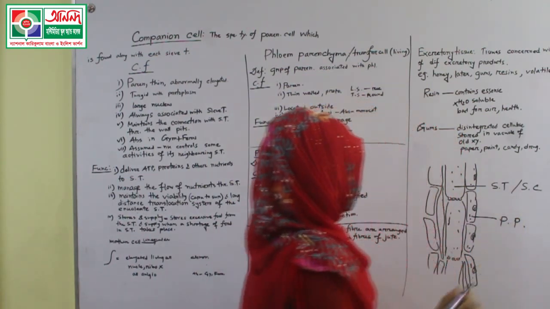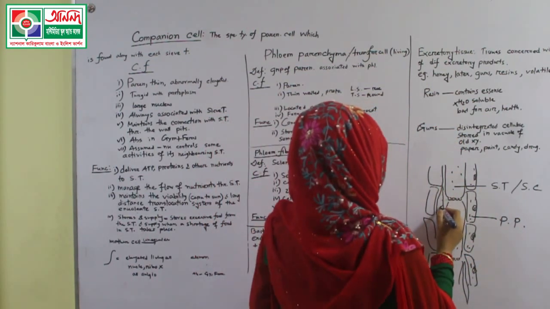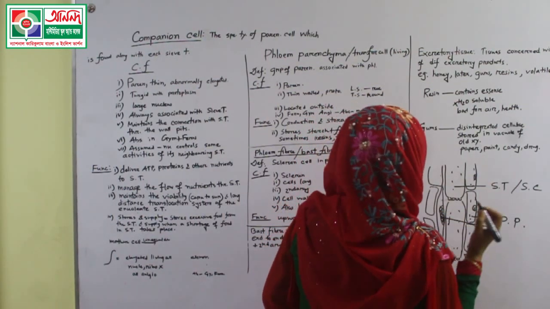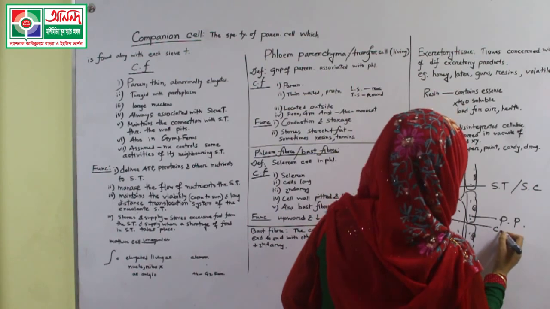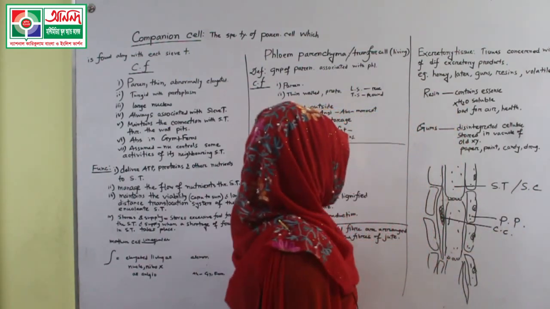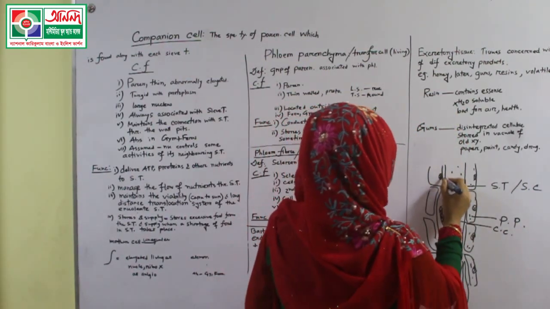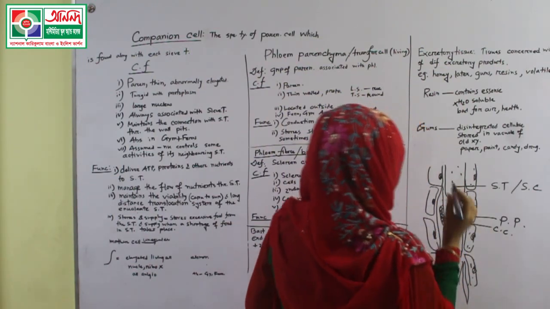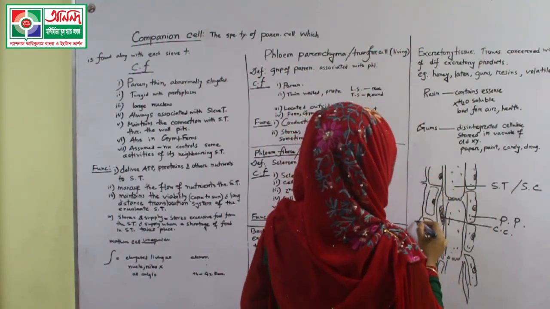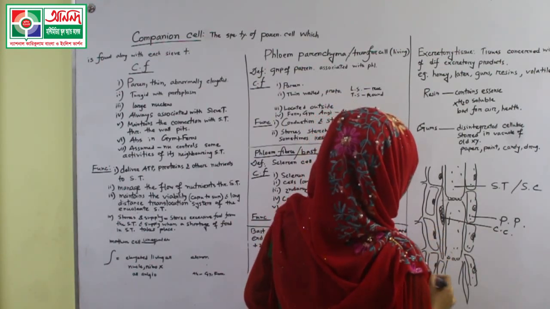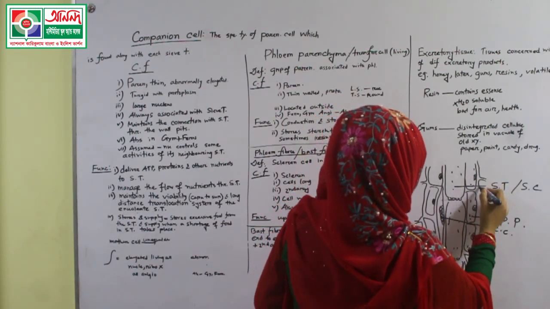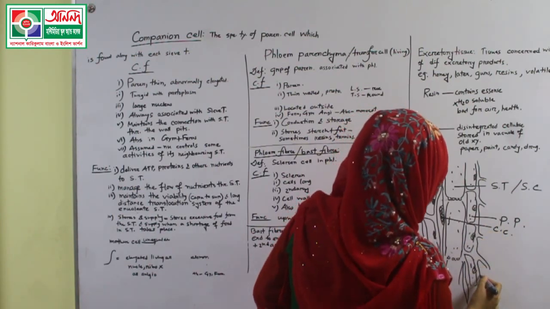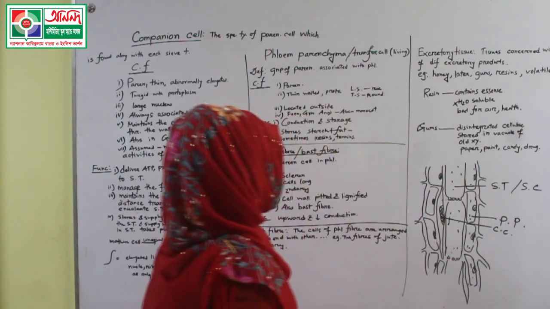This is the companion cell with a comparatively larger nucleus. I should draw this because it looks quite incomplete. So this is a rough drawing of the phloem tissue, longitudinal section.